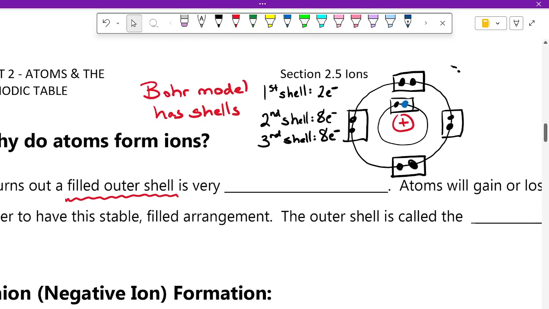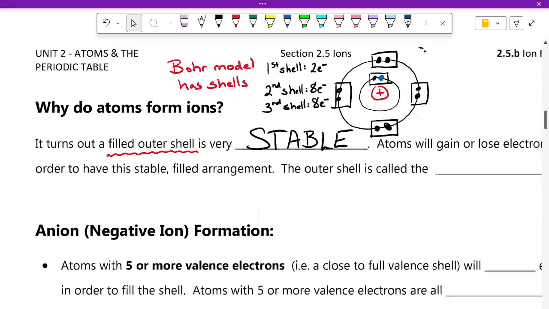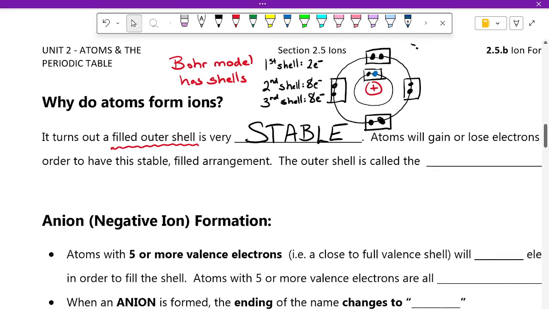Now it turns out that a filled outer shell is very stable. What does that mean? That means nature wants the outer shell to be full. So atoms will tend to gain or lose electrons until they've either filled their outer shell or emptied it.